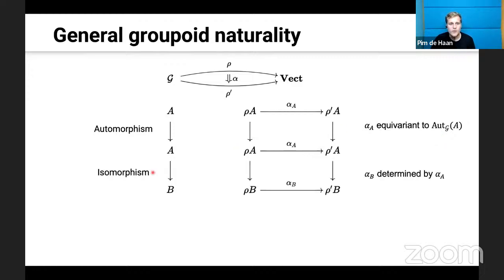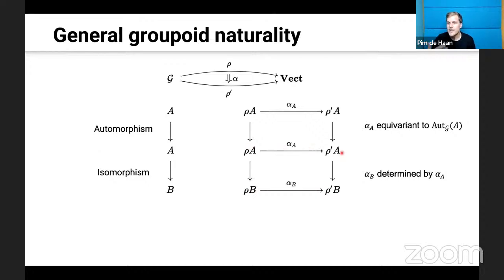Whenever you have an isomorphism from an object A to an object B, you get this kind of diagram where if we apply the A component and then the isomorphism, we need to get the same result as applying the isomorphism and then the B component. Because these vertical arrows are isomorphisms, because this is a groupoid, the B component is fully determined in terms of the A component.